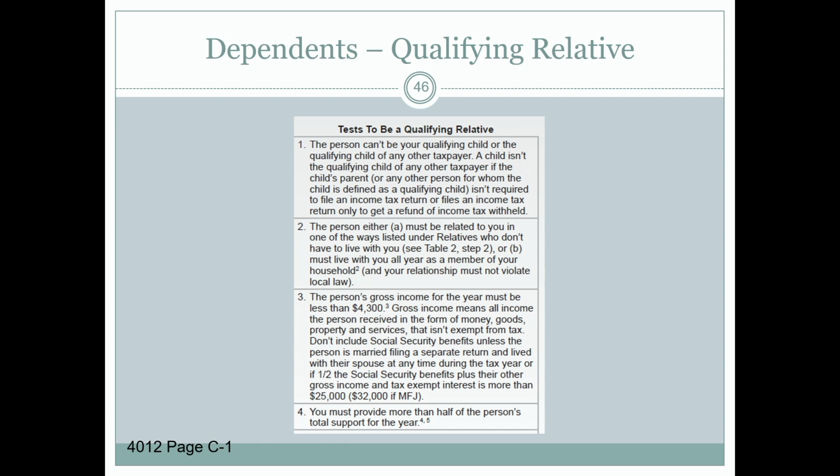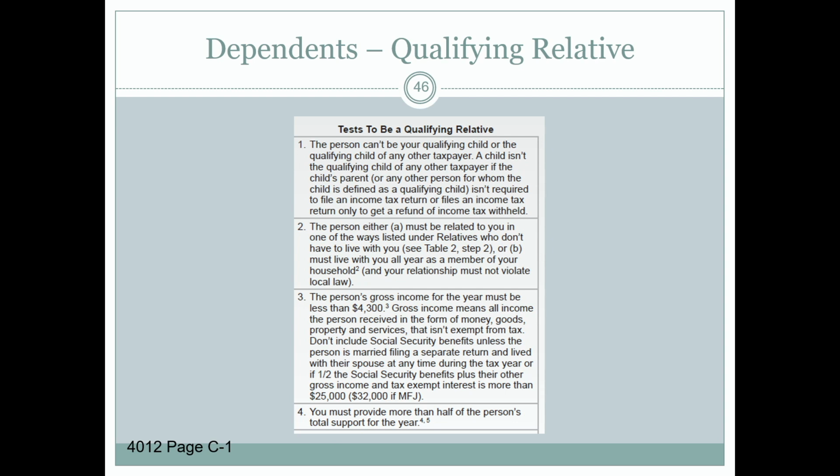Number 2, the person either must be related to you in one of the ways listed under relatives who don't have to live with you, and they refer you to another table, and we will show you a snapshot of that momentarily. Or they must have lived with you all year. And your relationship must not violate local law. Now, I'm no expert on what relationships violate local law, but they must have lived with them all year.